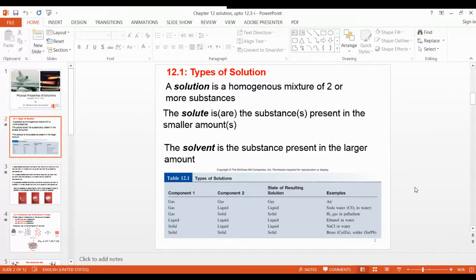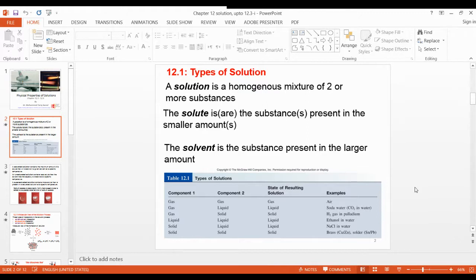And the state of the resulting solution, when you mix together, will be liquid, because the liquid is large. Examples are soda or any soft drink, like Pepsi, lemon, whatever you have. So carbon dioxide is a small quantity that dissolves into water, and water is a big quantity that acts as a solvent.